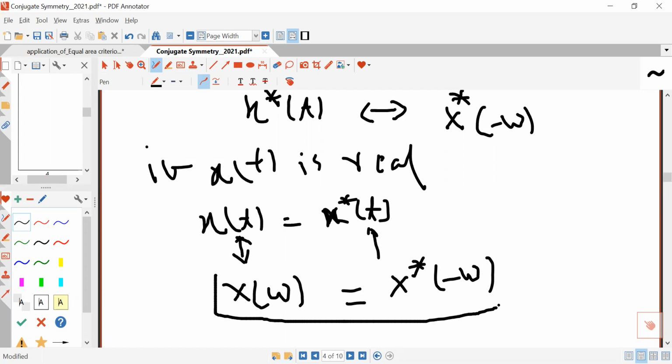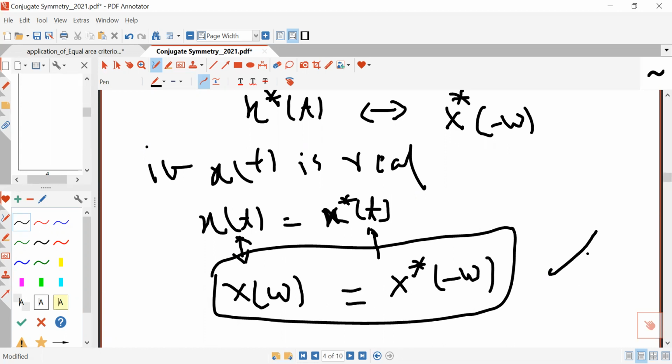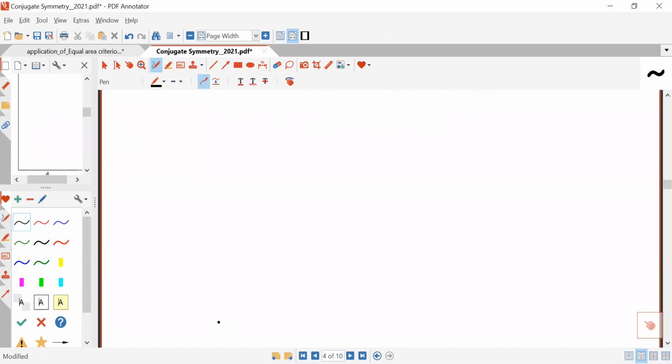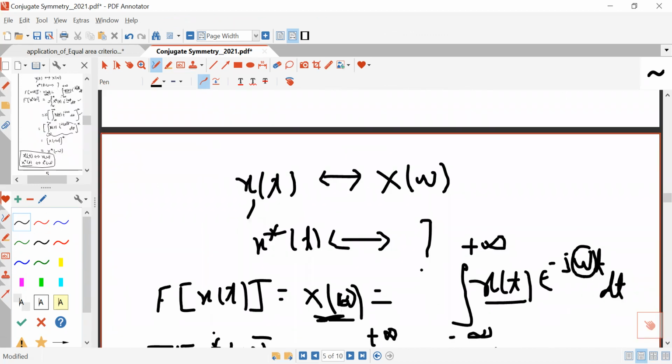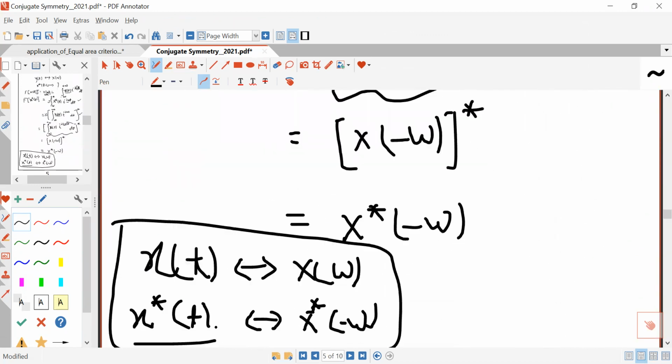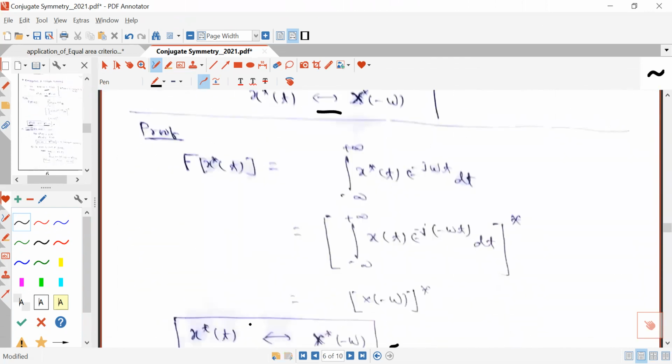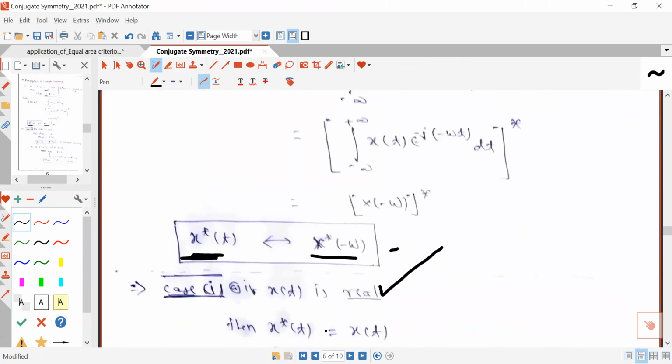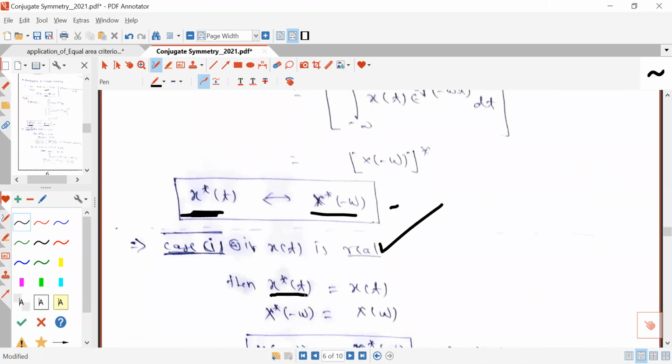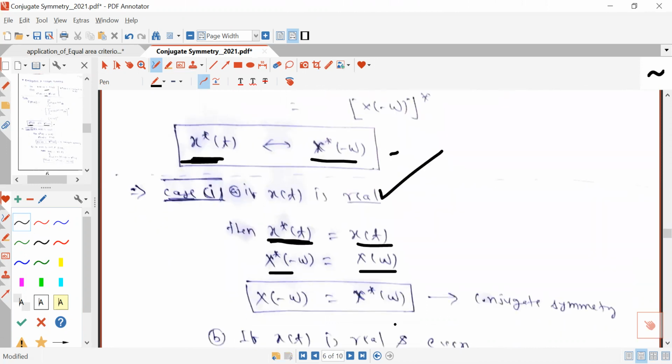So if x(t) is real, then X(omega) and X of minus omega conjugate will also be equal. The conjugate of the signal and the signal are equal to each other, and their Fourier transforms will also be equal.